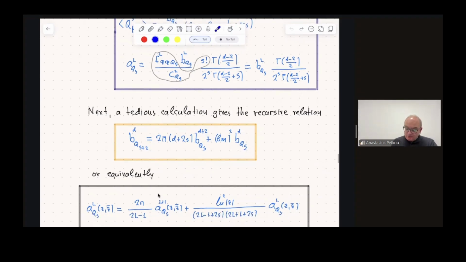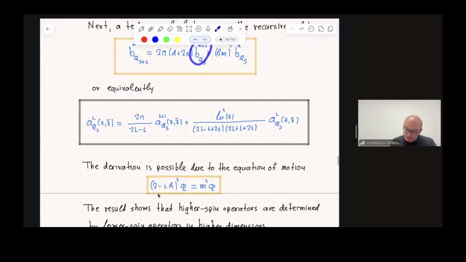So that means if I want to calculate the energy momentum tensor, I will put s equals 0 here. And so this guy will be 2, and so this will be 0, and this will be 0. So the energy momentum tensor one-point function will be a sum of the one-point function of scalar fields, but one of them will be in 2 dimensions higher. So the explicit expression in terms of these coefficients, which I gave you before, is this.